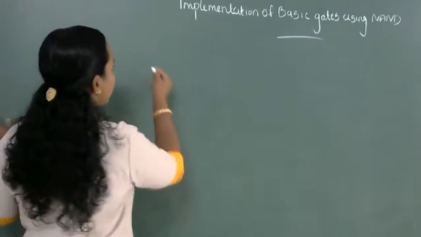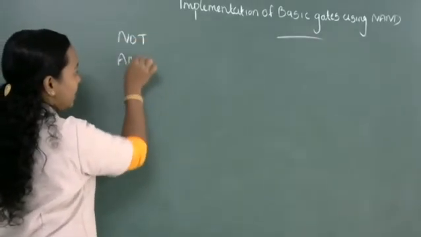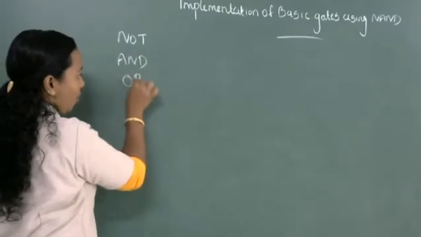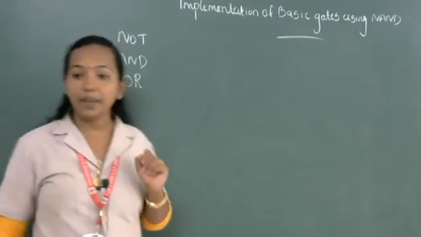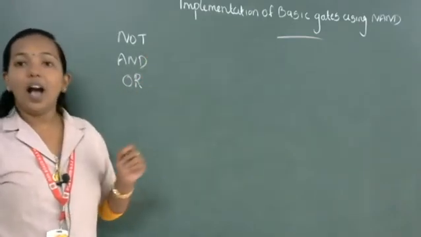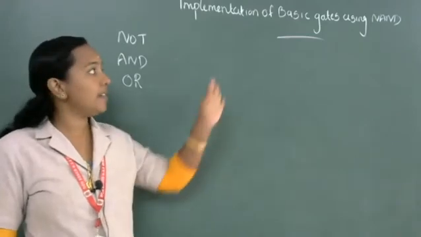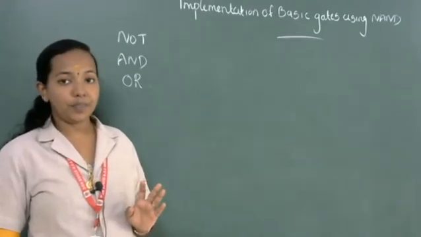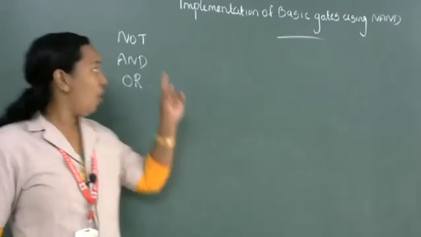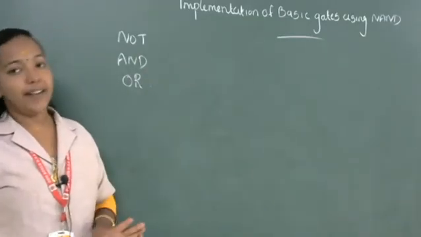Which are the three basic gates? NOT gate, AND gate and OR gate. I am going to implement all these three basic gates using NAND gate.